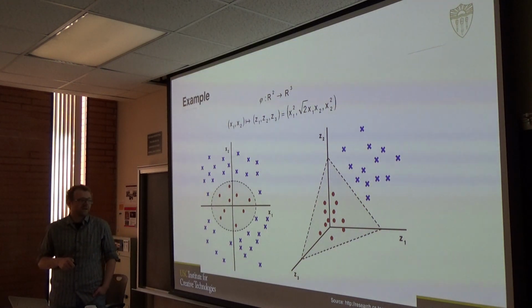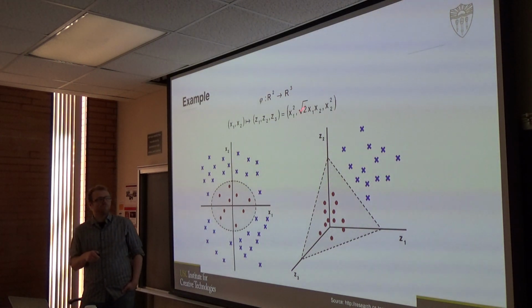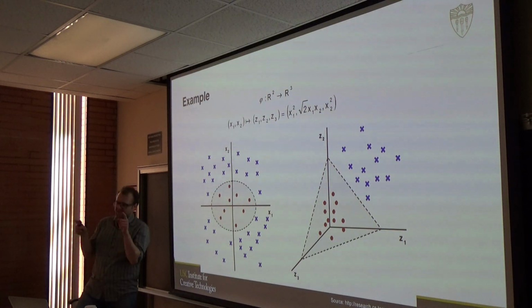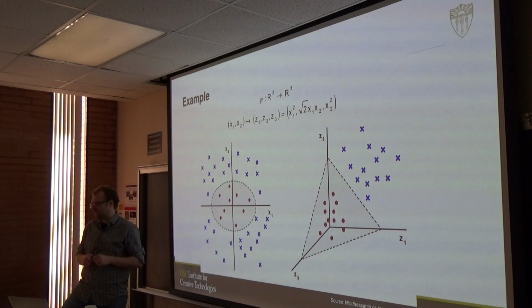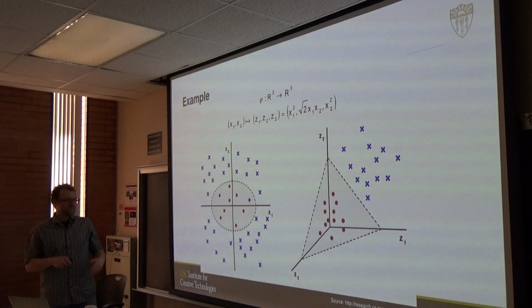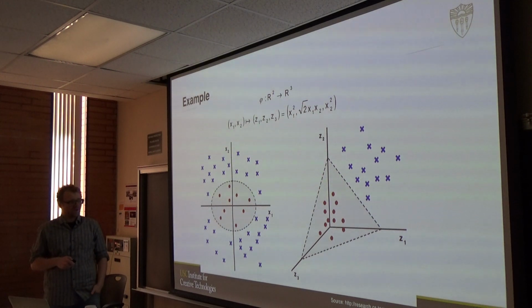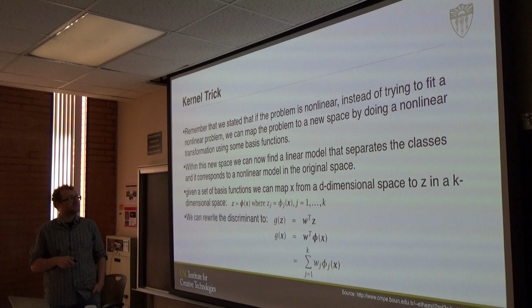But now we have our data in this three-dimensional space where we have to compute more steps to identify the similarity between two vectors, which can become a problem if it's too large a dimensional space. That's where the kernel comes in.